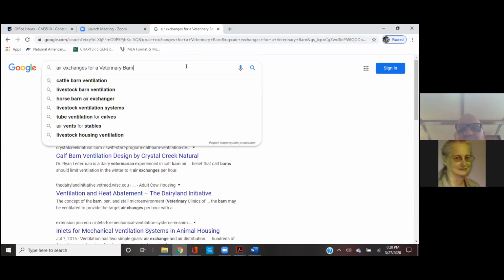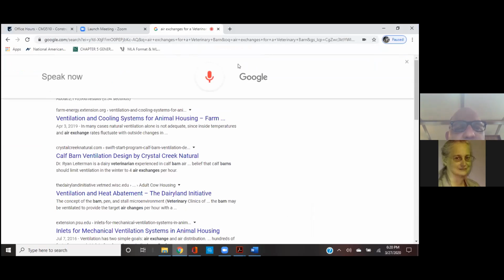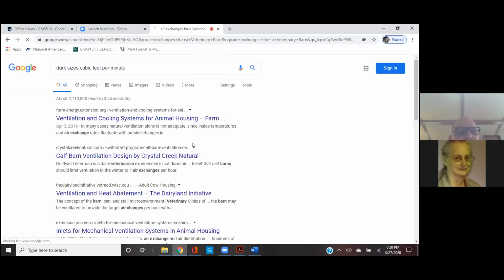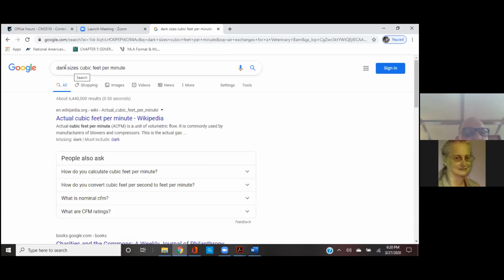I think what I'm doing is I'm thinking that rating is based on the size of the duct, and it is, but I think you get more stuff too. Duct sizes, cubic feet per minute.